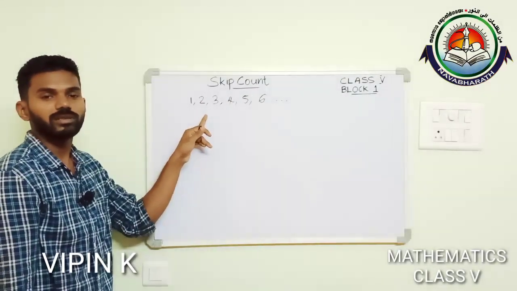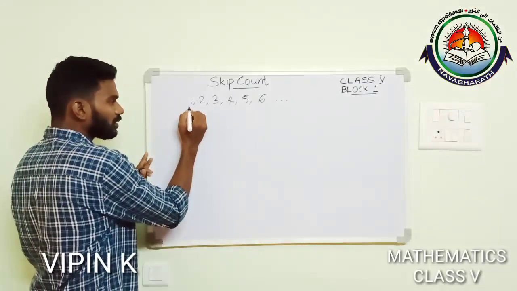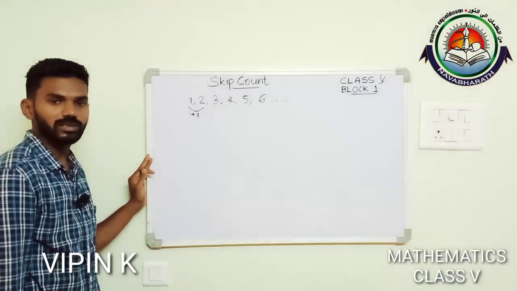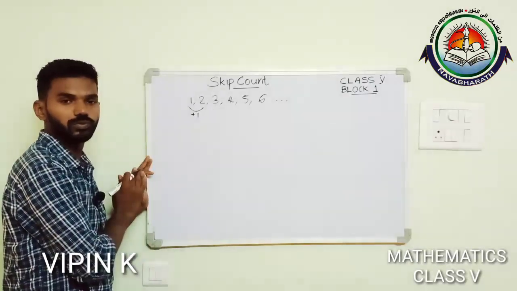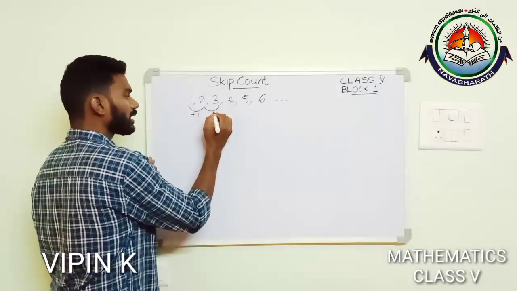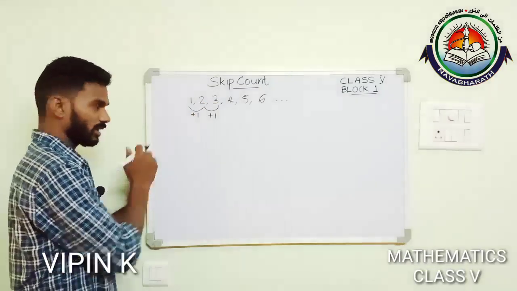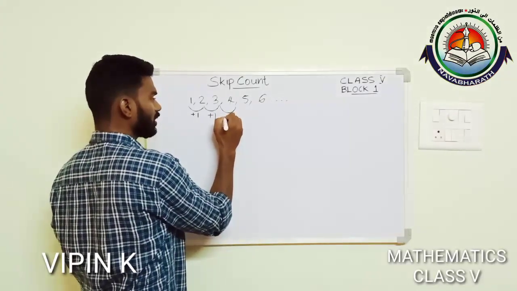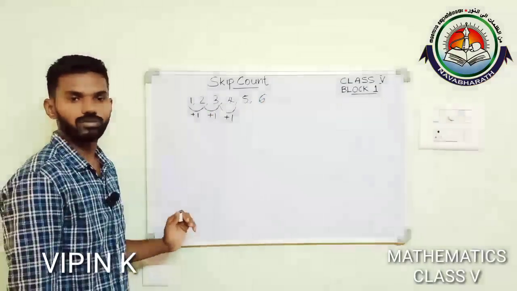And in these numbers, you can see that from 1, the number 1 is added to get 2. And from 2, you have to add again a 1 to get 3. And from 3, you get 4 by again adding 1, and so on.